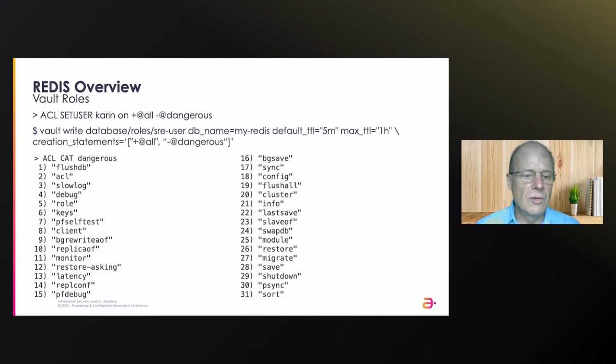Again, we can use the ACL cat command to see what commands are in the dangerous category, and there again you can see there's an awful lot of them. 31 different commands are categorized as dangerous, and user Karen is not meant to have access to them.